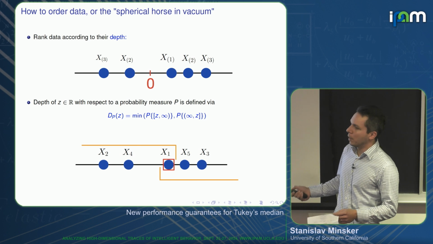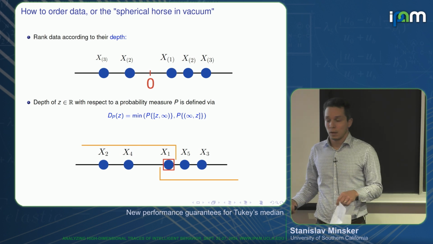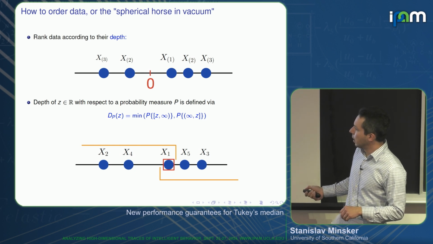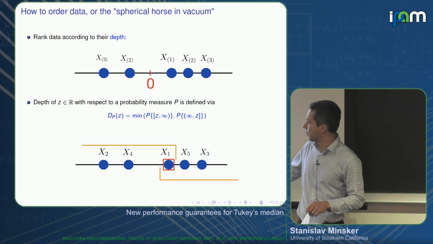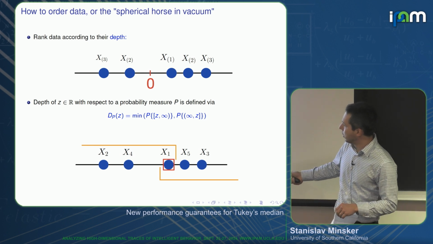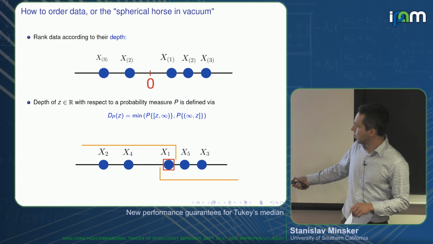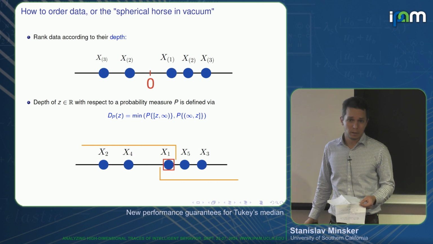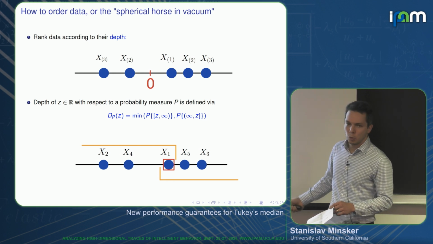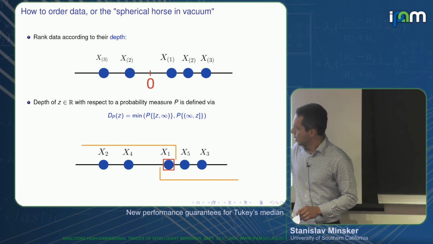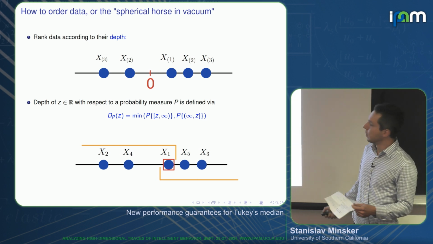If my measure is just a counting measure, so I'm just counting the number of points on a line, then the measure of this half line is 3/5, right? So 3 points out of 5 are contained in it, and the measure of this line is also 3/5. So the depth of this point is going to be 3/5, while the depth of this point, for example, is going to be 1/5 because the left half line will contain only 1 point, right?